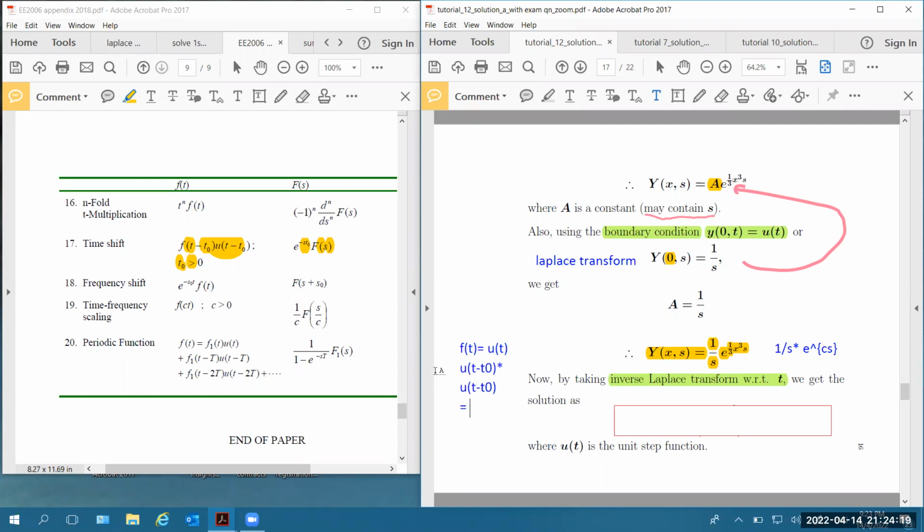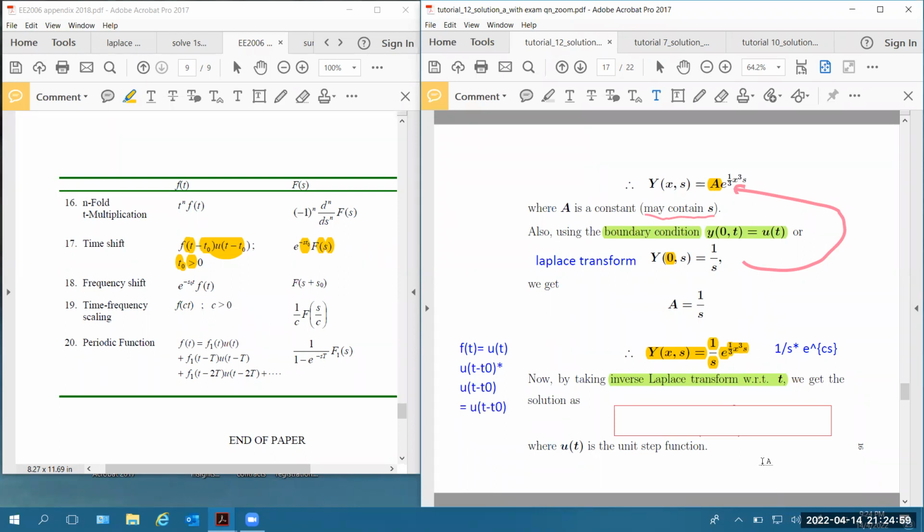If you have u(t − t0), according to your time shift, u(t − t0) times u(t − t0), what is it equal to? U times U is what? U times U is U squared, or becomes 0? I don't know. U times U is U.